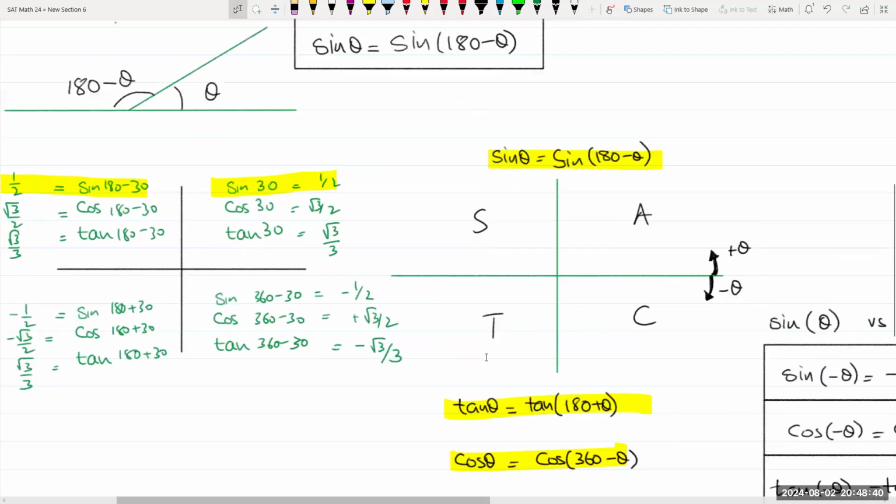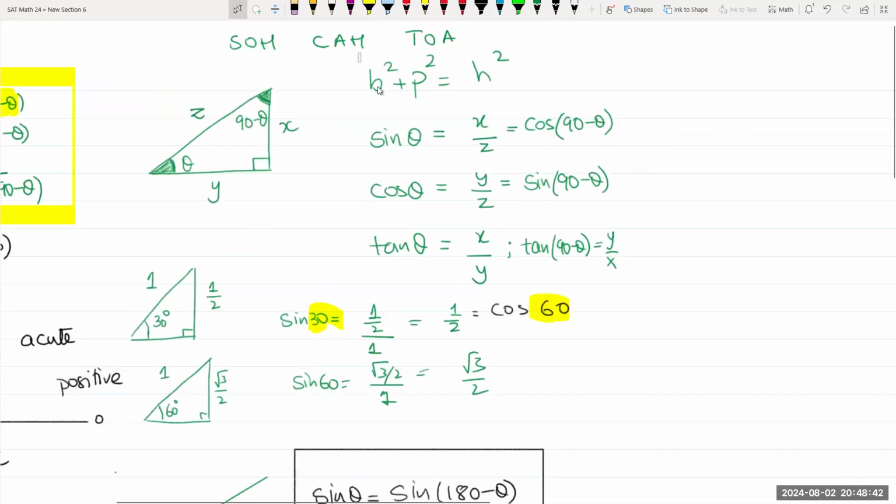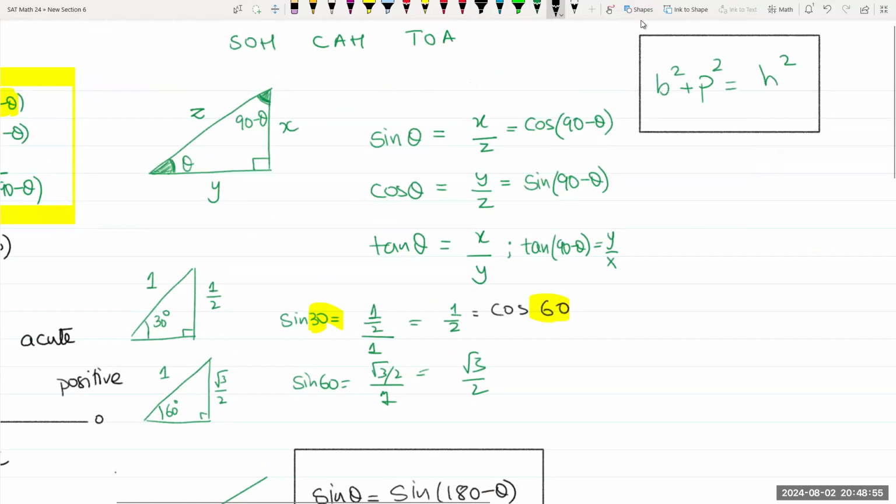Now, going back to the Pythagoras theorem. From the Pythagoras theorem, we've extracted, I was tempted to show you the proof, but no need to show you the proof. Sine squared theta plus cos squared theta is equal to 1 is a rule.